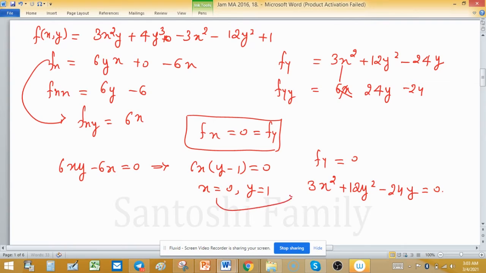Now, because we need to check where both are 0, substitution will help us find the critical points.